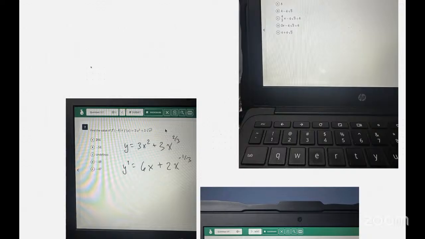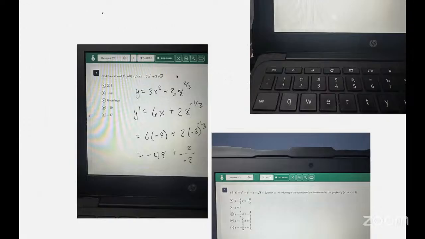So 6 times -8 plus 2 times -8 to the negative 1/3, which is -48 plus 2 over -2, right? You got how I did that? So that's, oh, -49. Okay. Get it? Yep.